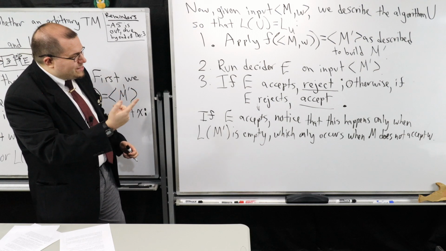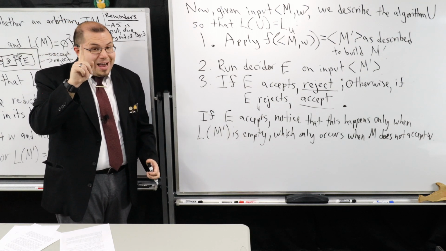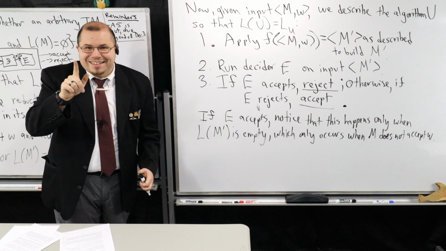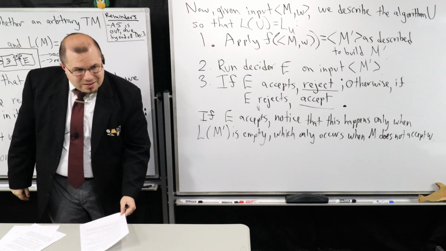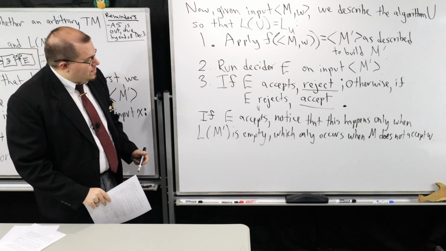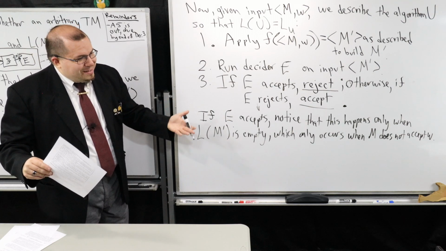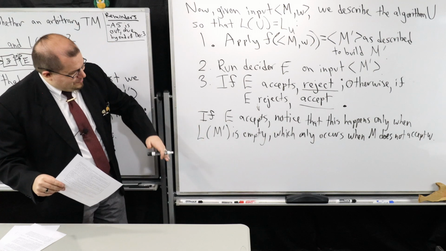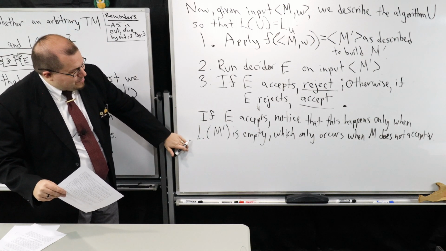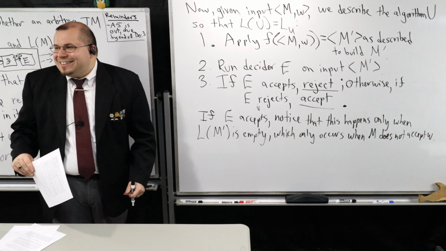So if it accepts there, that means it had, in fact, a W, right? So that means it accepts that W that's in that language originally, right? But that just simply means it's not empty, right?